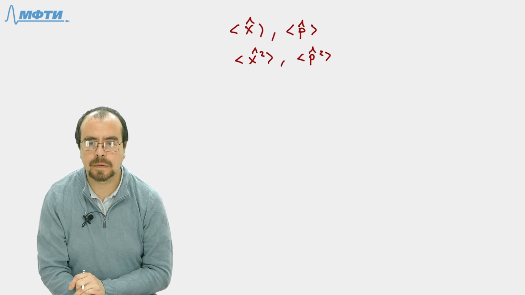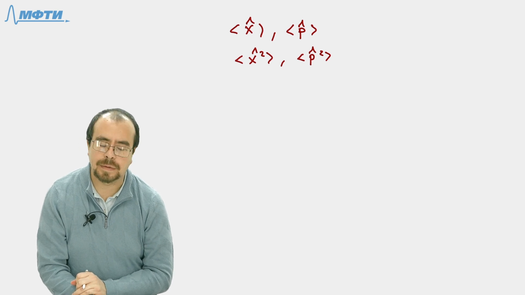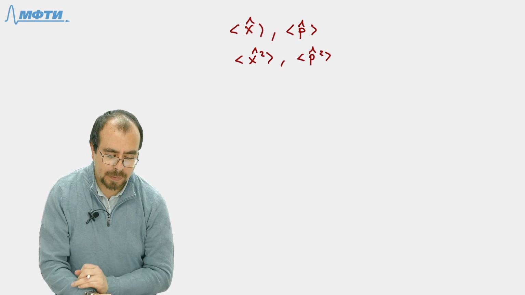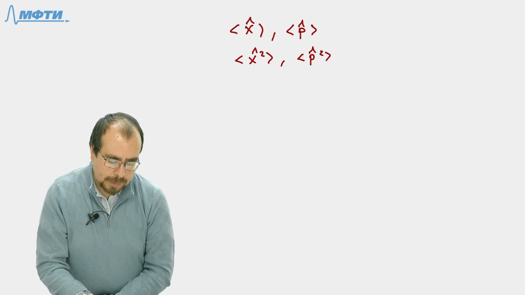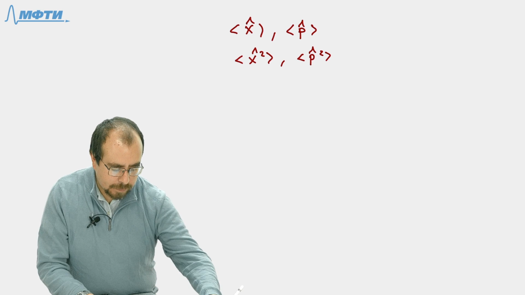You will have different values. Zero at zero. So you can look for these properties.